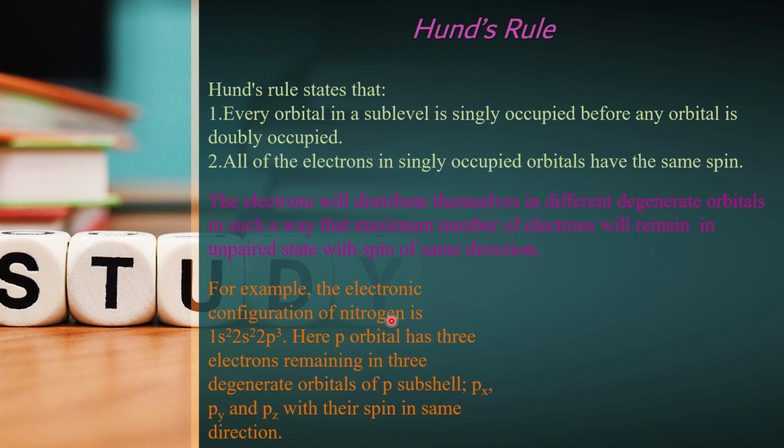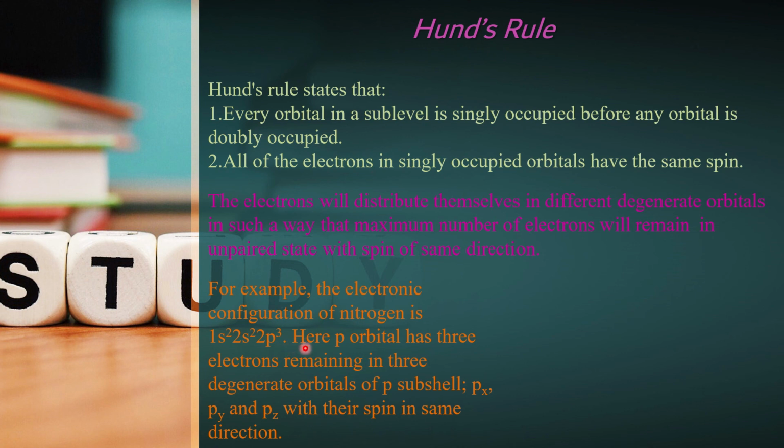For example, the electronic configuration of nitrogen is 1s2, 2s2, 2p3. That means in this degenerate 2p orbital, there are 3 electrons, and you know in p there are 3 orbitals, px, py and pz. So when electrons go in, every orbital will hold 1 electron.